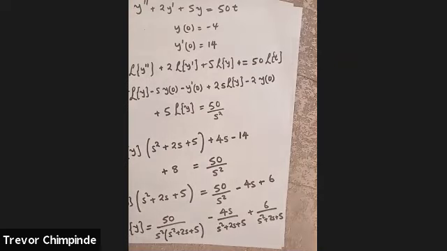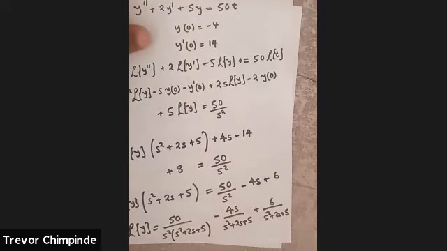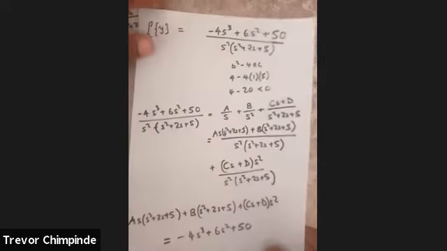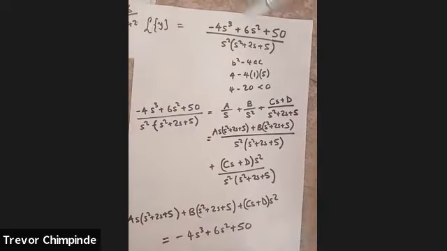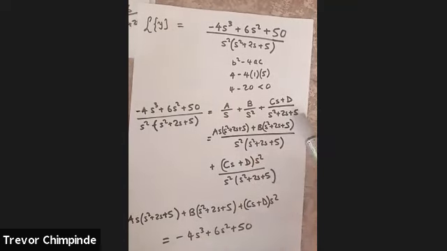Then when you add them under a common denominator, you get this. What you want to find now is the Laplace inverse of this, so you have to decompose it into partial fractions. It's quite some work, but not too much.